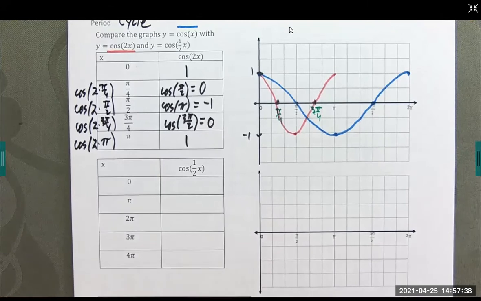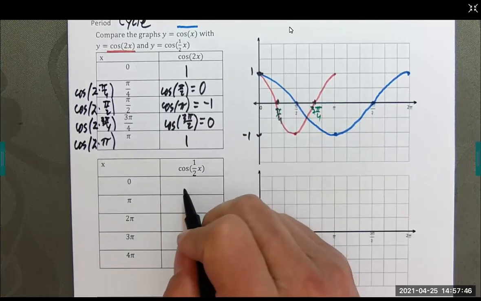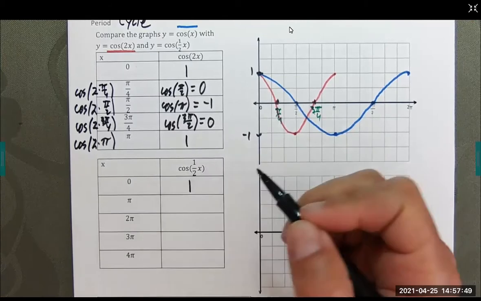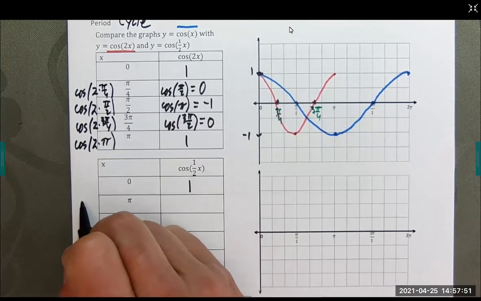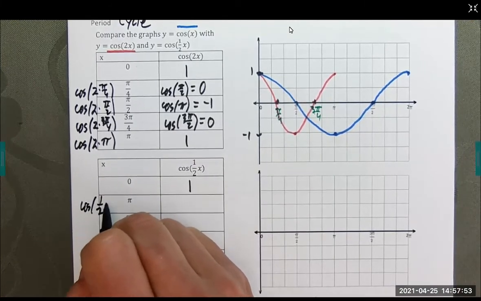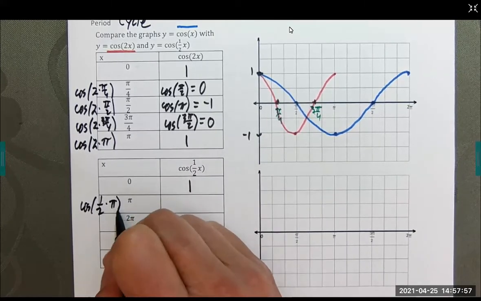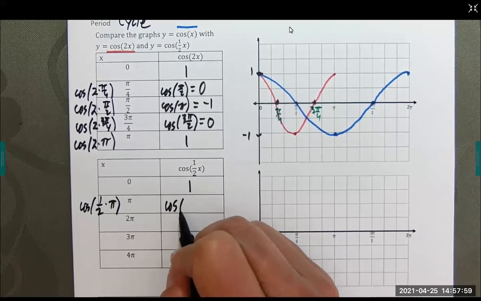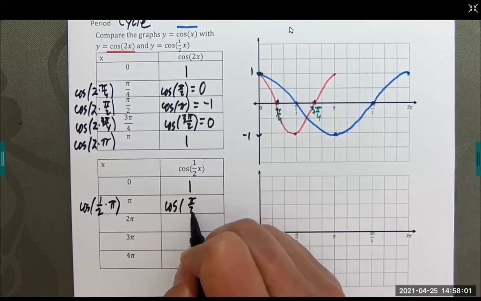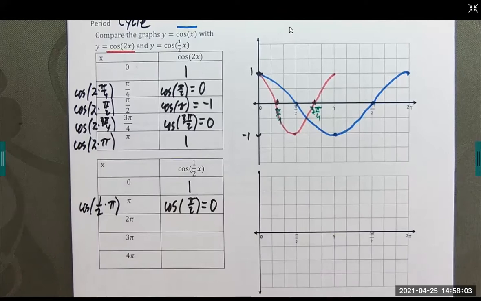All right, let's do the same, but for y equals cosine of 1/2 x. And when x equals 0, cosine of 0 is still 1. When I do cosine of 1/2 times pi, this is now the cosine of pi over 2, which is 0.